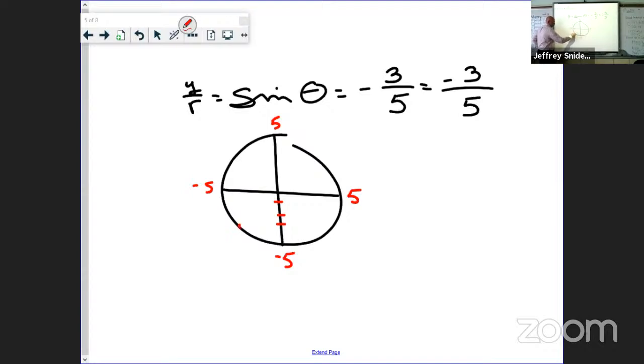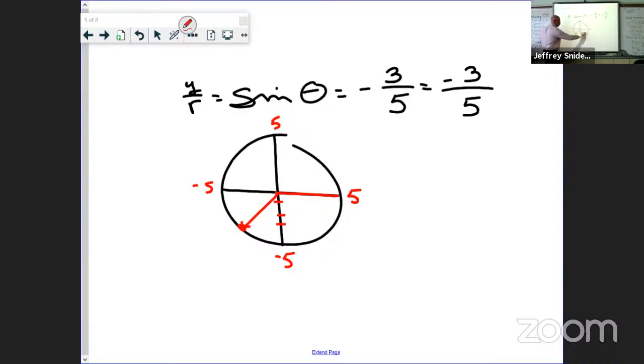That means that angle's somewhere over here. So that means it'd be in quadrant 3? Yes. This one will be in quadrant 3, the way I have it written right now. Now, is there another place where the y value is -3 and the radius is also +5?